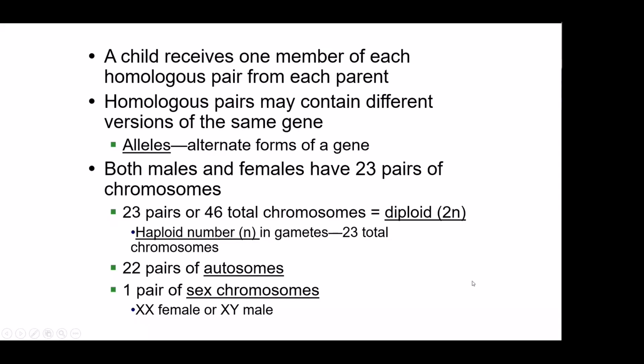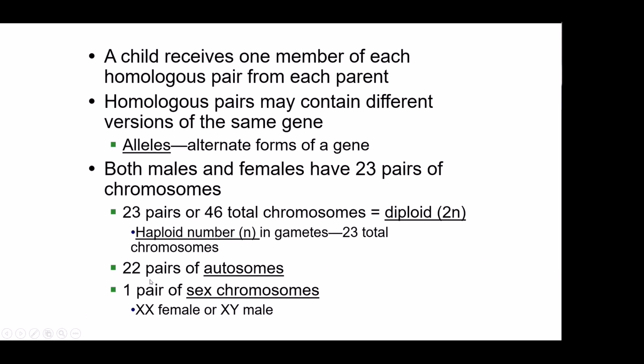So all of the cells in our body have 46 chromosomes, except for the gametes, which only have 23. And so that is where we get the haploid number, the 23, or the diploid number in most of our cells, which is 2N, or 46.